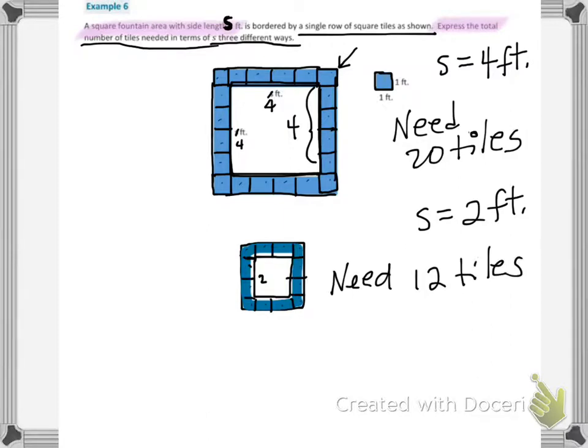I'd like you to think about this, and let's test yourself here, to see if you can come up with an expression that can help us solve this problem for any value for s, instead of having to draw a diagram every time.